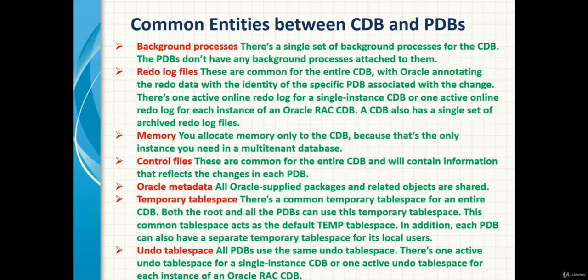Temporary tablespace: there is a common temporary tablespace for the entire CDB, but both the root and all PDBs can use this temporary tablespace. This common tablespace acts as a default temp tablespace. In addition, each PDB can also have a separate temporary tablespace for its local users.